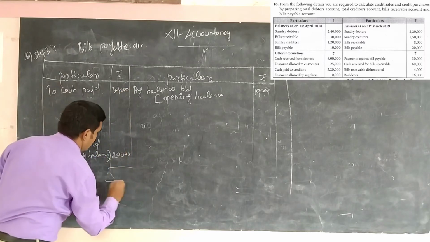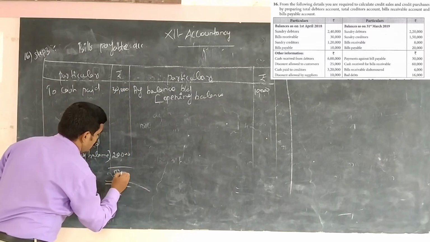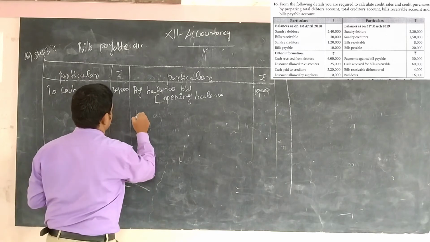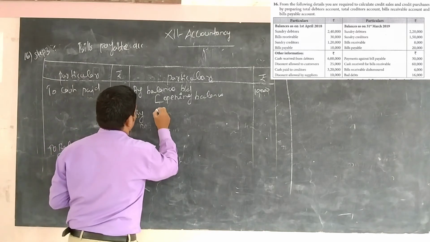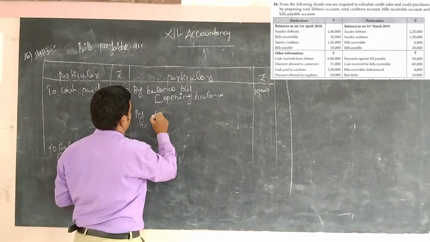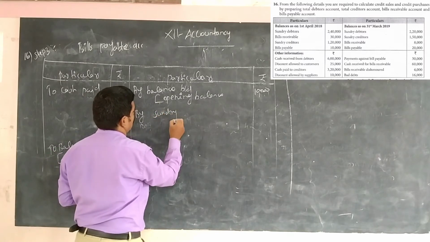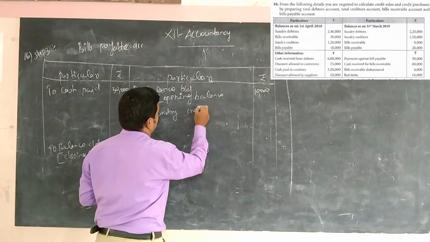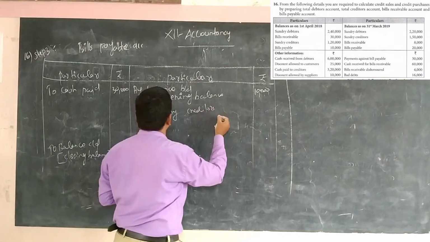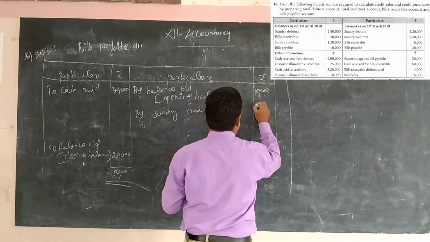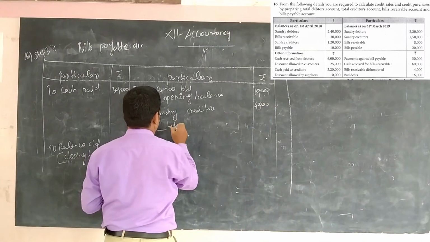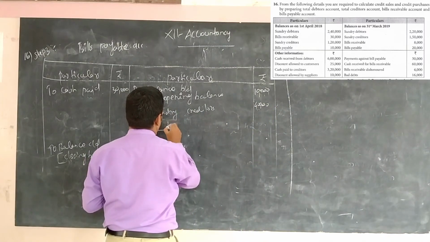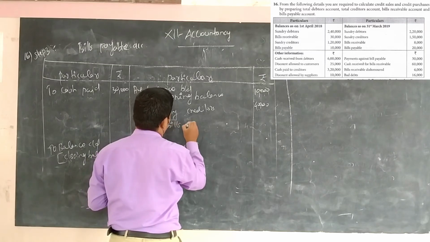So the balancing amount is 40,000. So by sundry creditors, 40,000. So bills accepted.